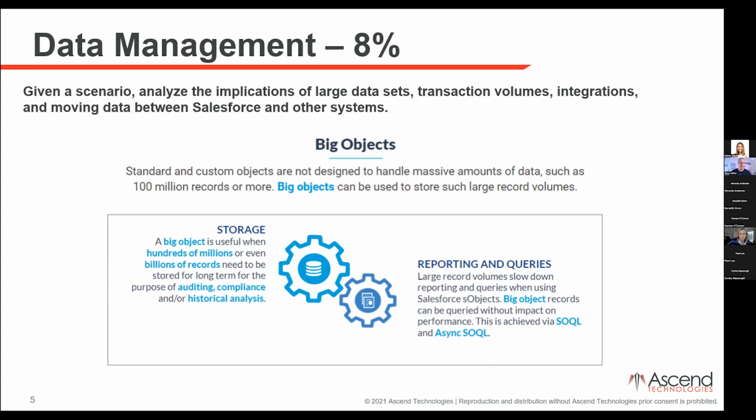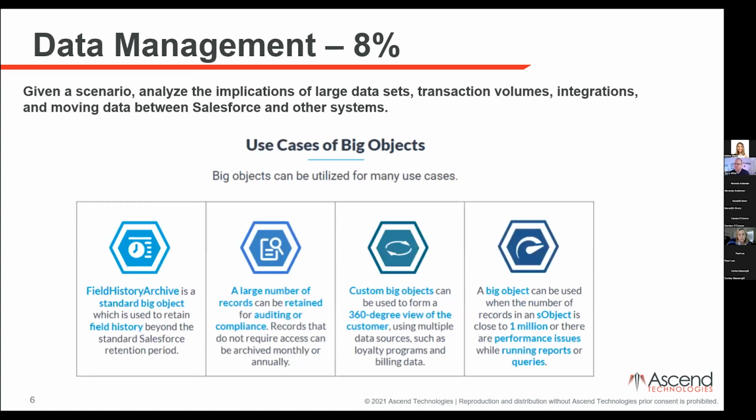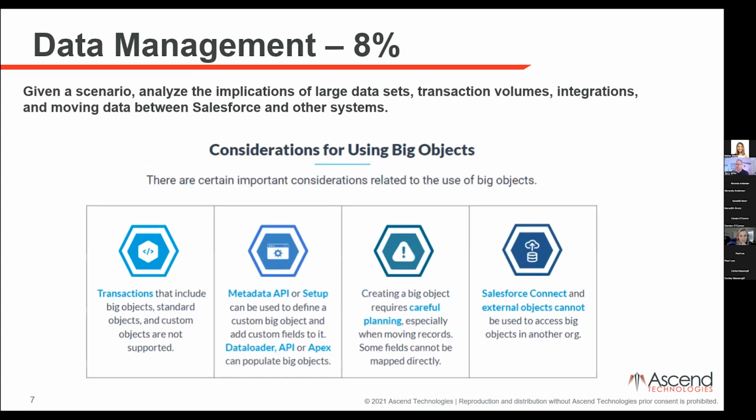Yeah. Interesting. Field Service Lightning, that makes sense from what I have dealt with. There's a link I just put in your chat too that talks about when to use it. So I've got use cases of big objects and then considerations.